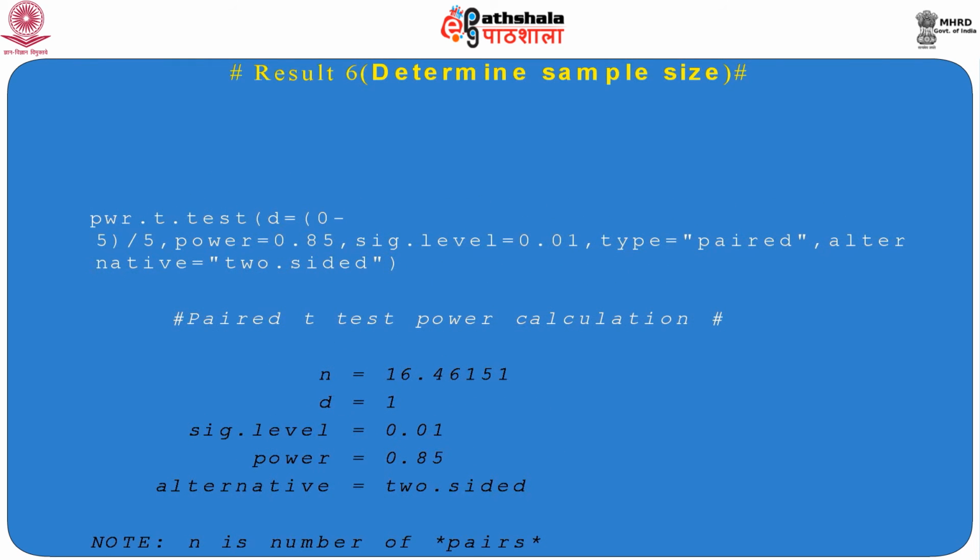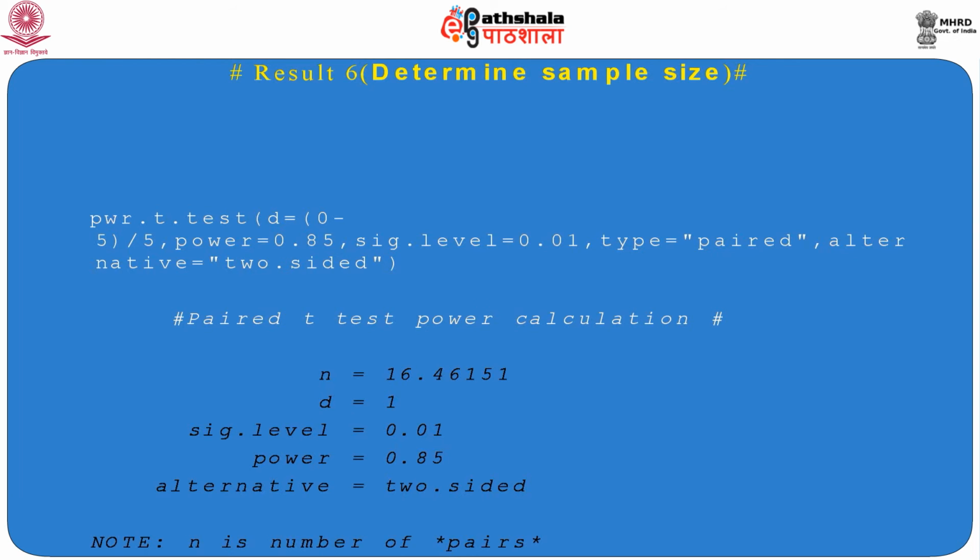Now we will reduce the power from 0.9 to 0.85, and then again the sample size reduced from 18.30 to 16.46. So it depends, it is basically an optimization to get the optimum sample size by inclining one hand the significance level and declining the power, and on the other hand inclining the power and declining the significance.